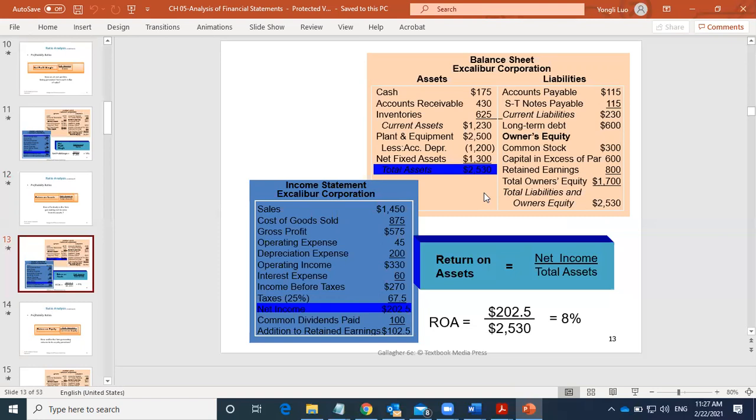It's not only one statement you can get the result from. So the return on assets is how much money you generate based on the total assets.